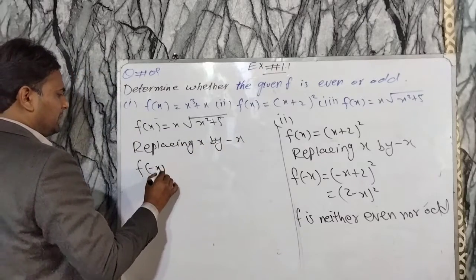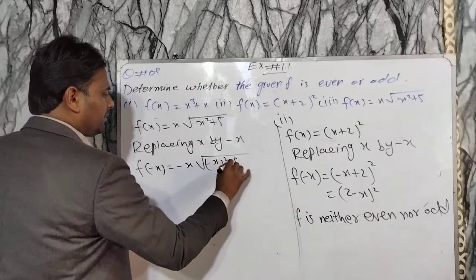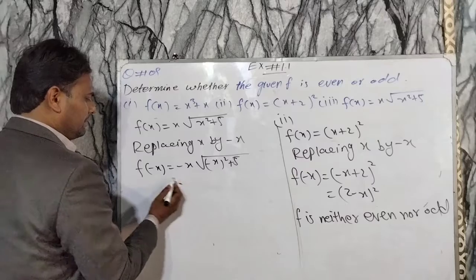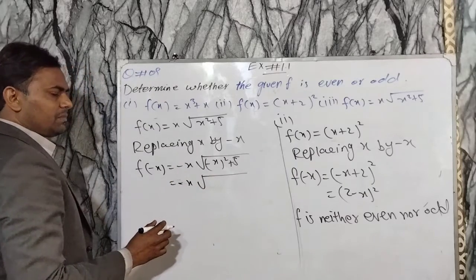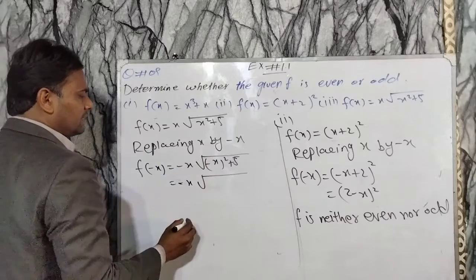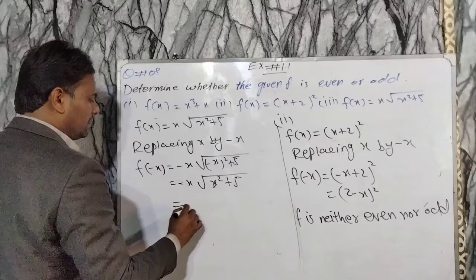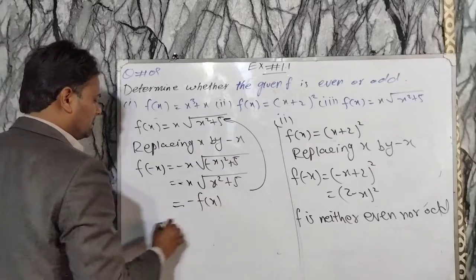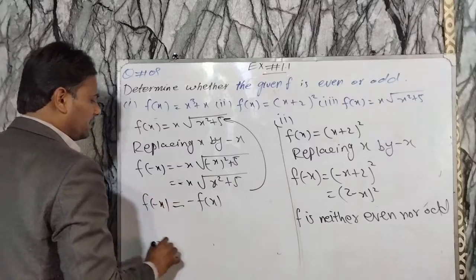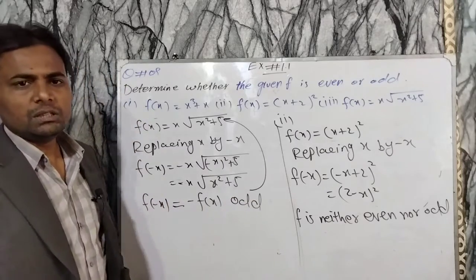Now see what happens with this function after replacing x by negative x. So negative x times the square root. We know the exponent is an even integer, so the sign is changed into positive. Now look at this one. This is the same function, but outside of this function there is a negative sign. In this form, this function is said to be an odd function.